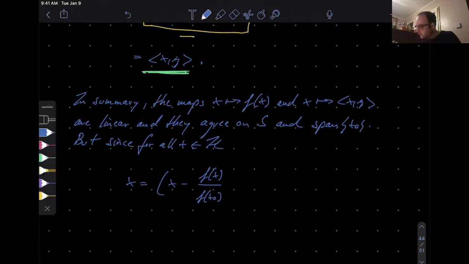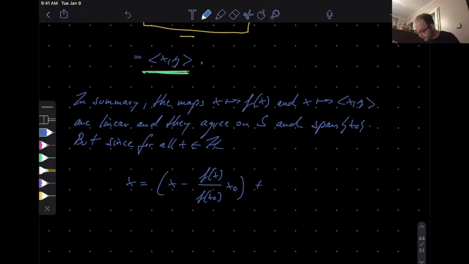By the way, this is well defined because the denominator f(x naught) is different from 0, and that's because of the projection lemma: x naught is in the orthogonal complement of the kernel, so it's not going to be mapped to 0. This will only happen if you are in S, but not if you're in the orthogonal complement.